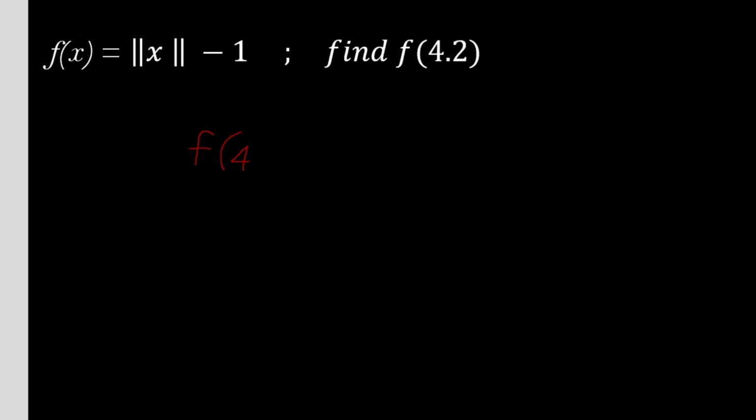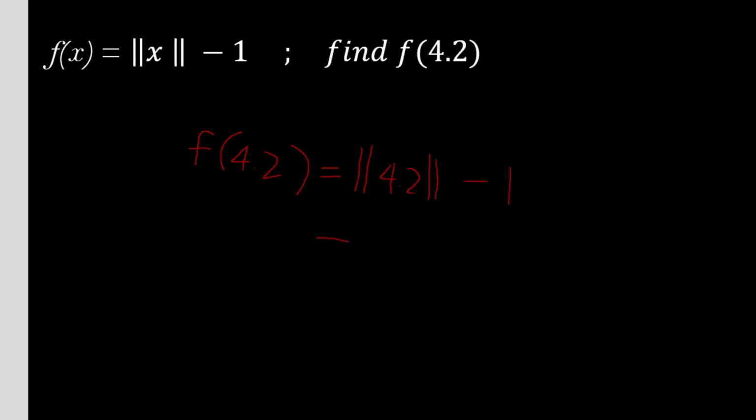Okay, so you have f of 4.2 is equal to the greatest integer function of x, which has a value of 4.2, minus 1.